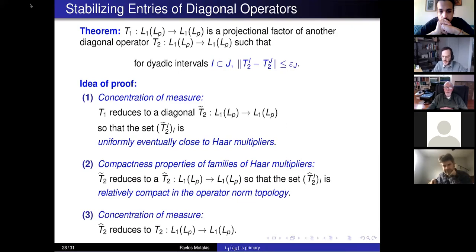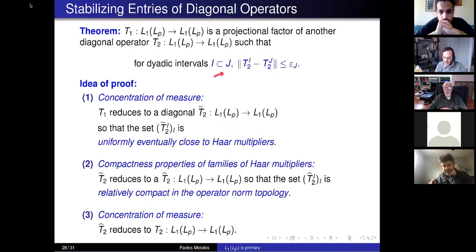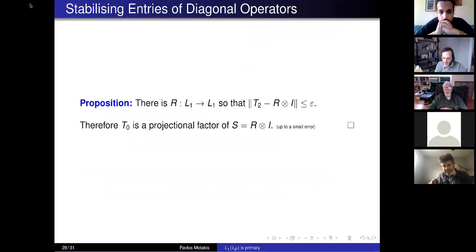And then you repeat the concentration of measure argument to show that T2 hat reduces to a T2, where the set of entries, from being compact, you make them very, very close in this very specific sense. And then once you have an operator T2 that satisfies this very strong rigidity of its entries, then there is a final perturbation argument that says that I can show that this is very close to an operator, which is what I wanted, of the form R tensor identity.